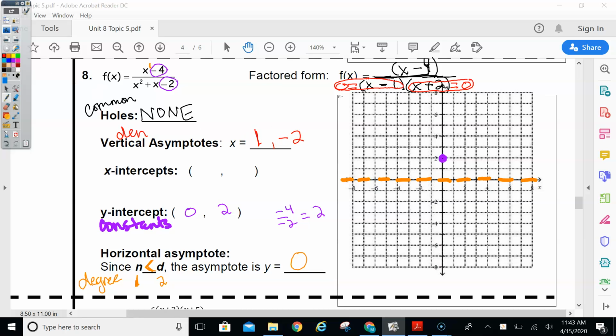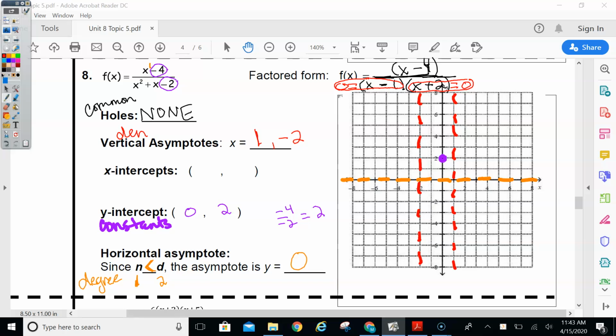So this one actually has 2 vertical asymptotes. One is at 1, so put a dashed line at 1. Can't do vertical lines very well in this thing. And we have 1 at -2. So this graph, this is where it's starting to look weird. So it's not going to look like a hyperbola this time.